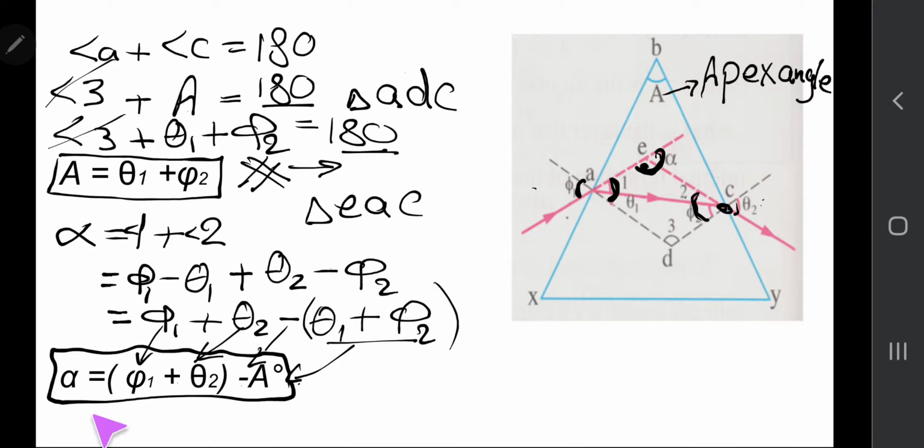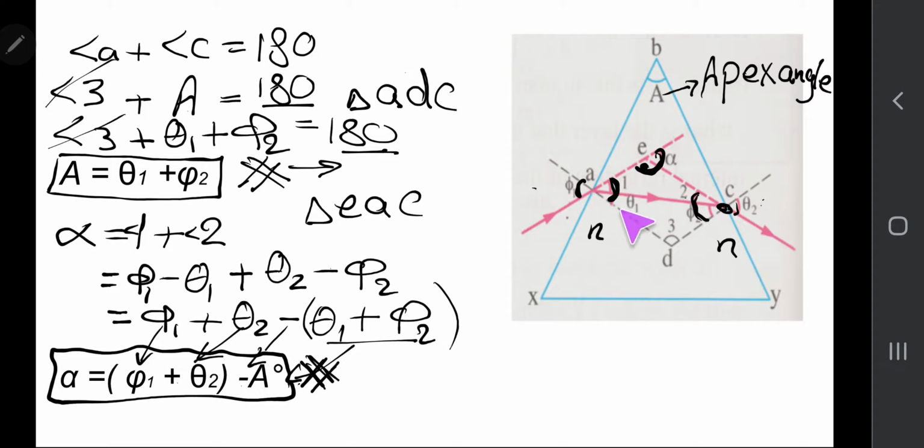This law and the other law are very important for problems in light. Now the factors that affect each angle. For theta 1, the angle of refraction, the factors affecting it are phi 1 and n, the refractive index of the prism. Theta 2, the angle of emergence, is affected by phi 2 and n, also the refractive index of the prism.